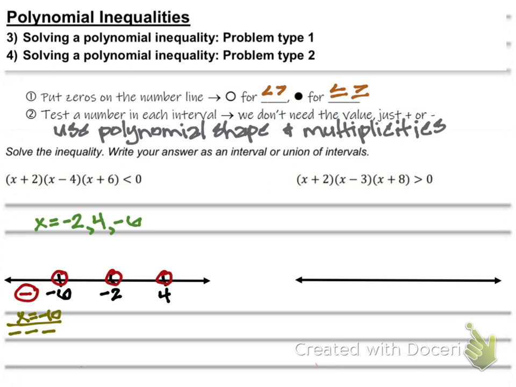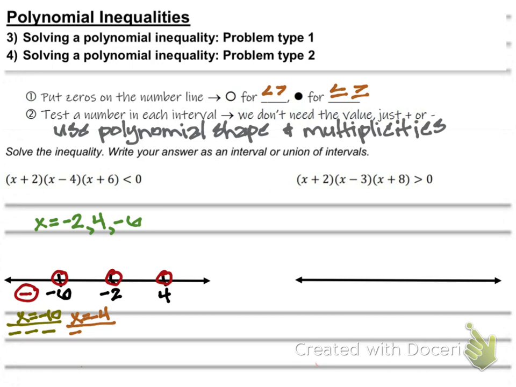Between negative 6 and negative 2, let's pick a number. How about x is negative 4? Yep, I'm looking for something in the middle there. We'll talk about that in a second because we actually already know this, but I'm going to keep going here. So negative 4 plus 2 gives me a negative number.